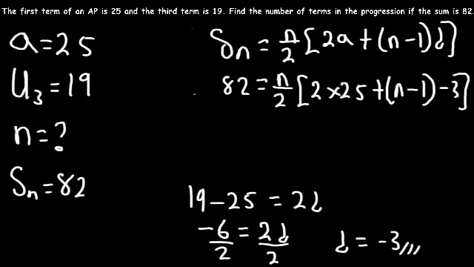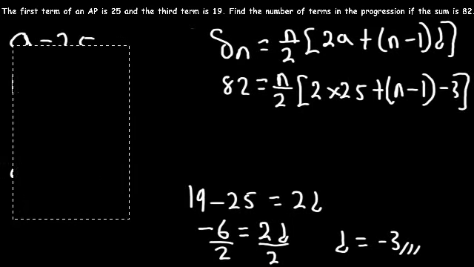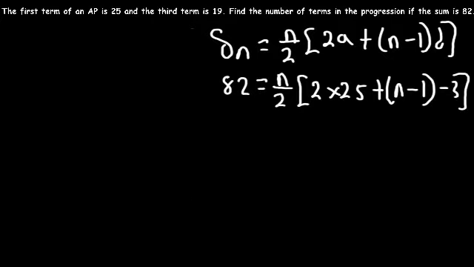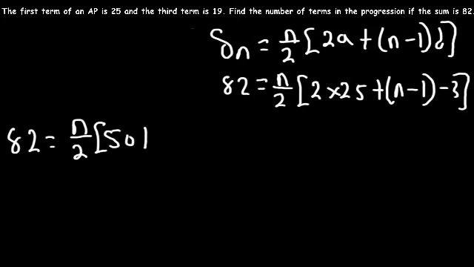So simplifying further, I should now have 82 equal to n by 2, multiplied by 25 times 2, which is indeed 50, plus n minus 1, multiplied by negative 3.